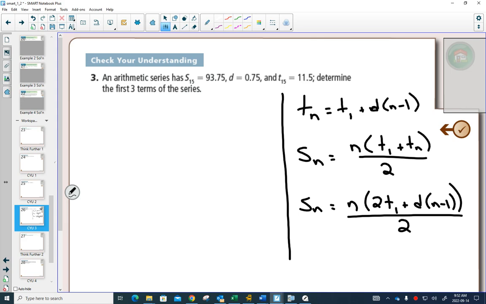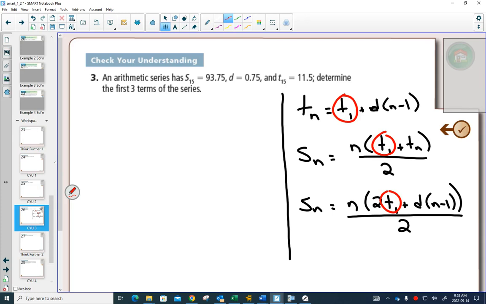So if I'm trying to solve for something, I'm like, ooh, if I could put everything else in this formula except for term 1, I could use it. Or ooh, if I had everything in this formula except for the term 1, I could use it.